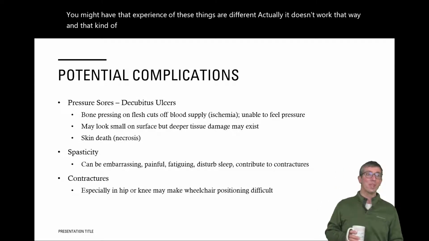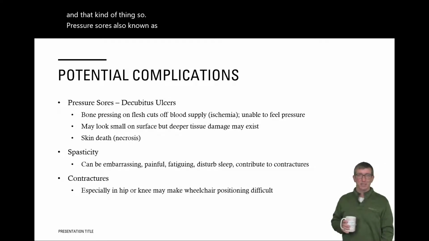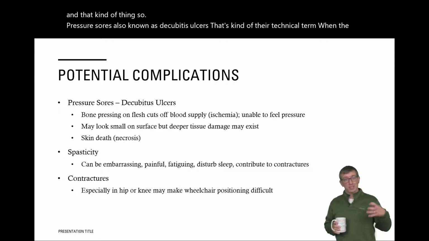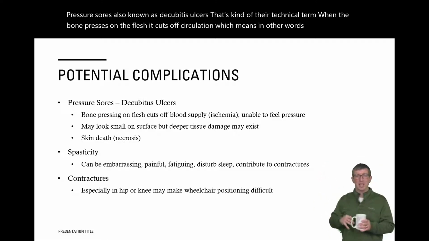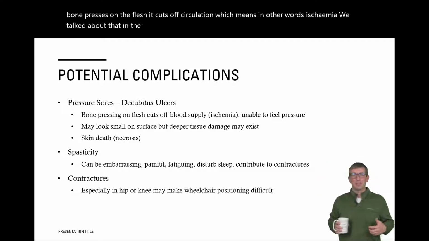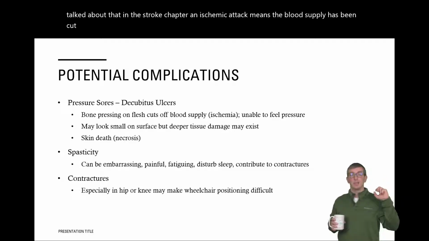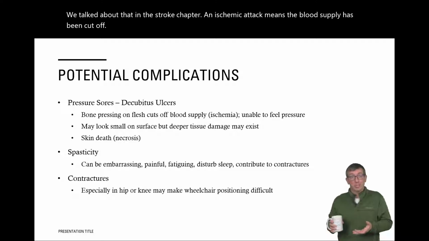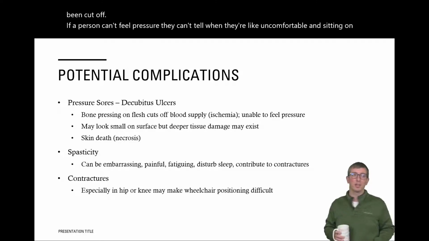So pressure sores, also known as decubitus ulcers, that's their technical term. When the bone presses on the flesh, it cuts off circulation, in other words, it's ischemia. We talked about that in the stroke chapter. Like an ischemic attack means the blood supply has been cut off. If a person can't feel pressure, they can't tell when they're uncomfortable and sitting in a place too long.